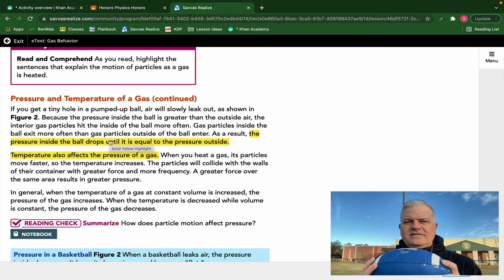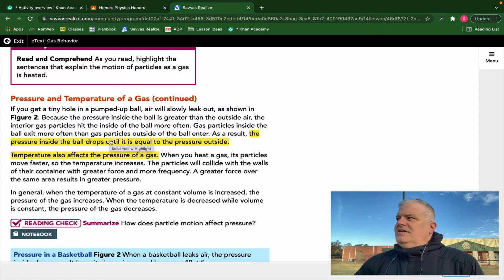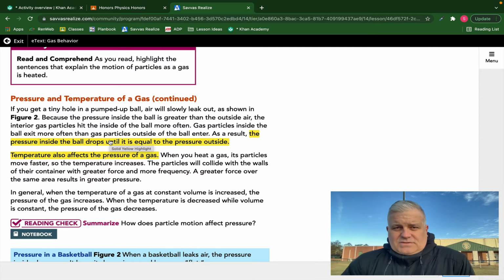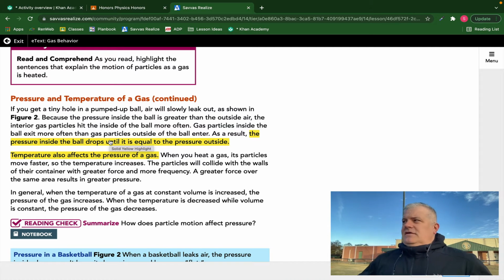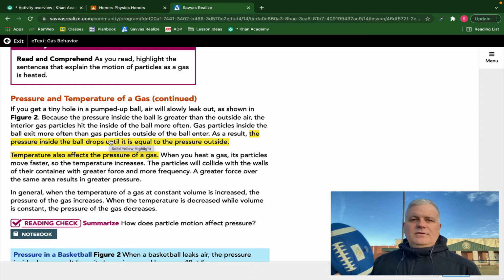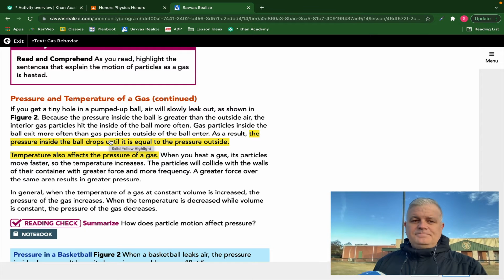So the gas particles inside of this ball are actually sort of huddled close together, just like you would with your friends. When it's chilly, you put your hands in your pocket and you just sort of huddle up, and you might squeeze in with your friend. Same thing with the little gas particles in this ball. They're just like 8th graders or 10th graders or 6th graders or anybody really. So temperature also affects the pressure of a gas.